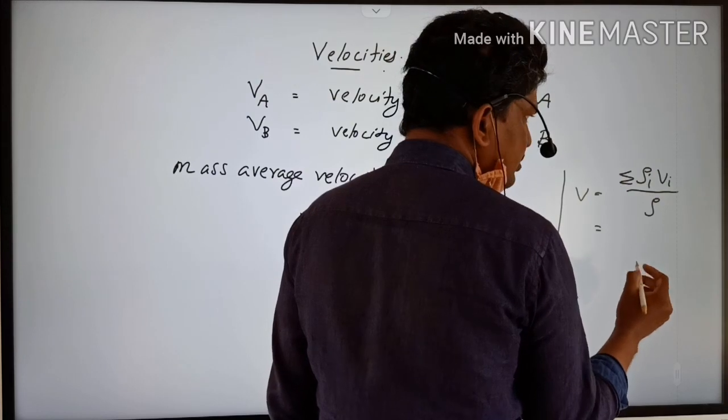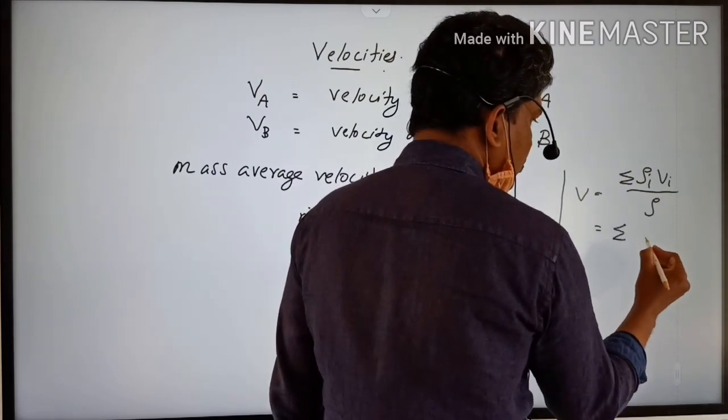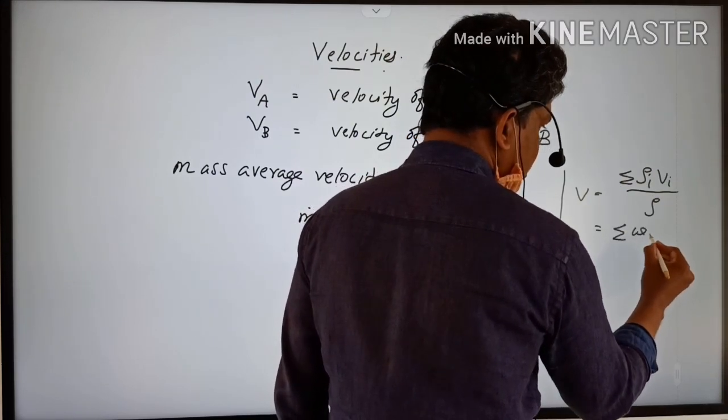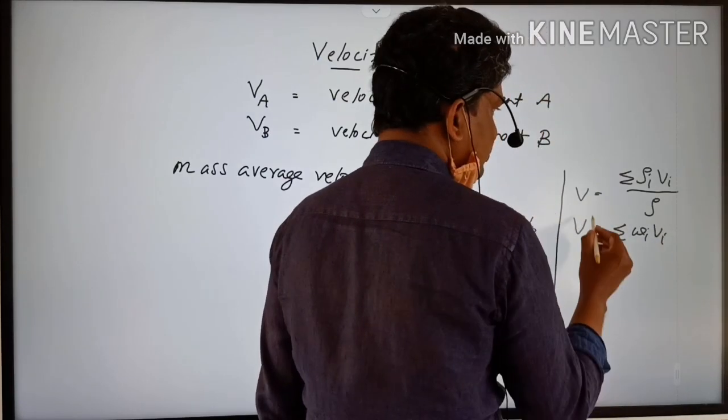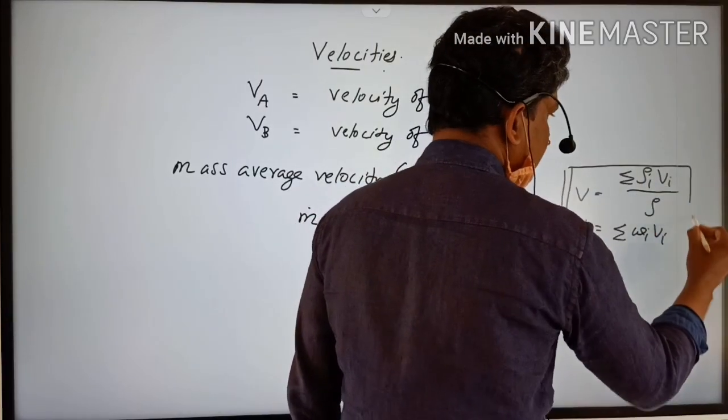Then rho i by rho is the mass fraction wi. This is the expression for mass average velocity.